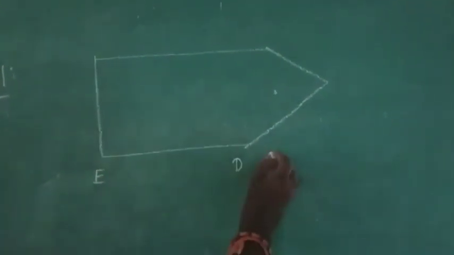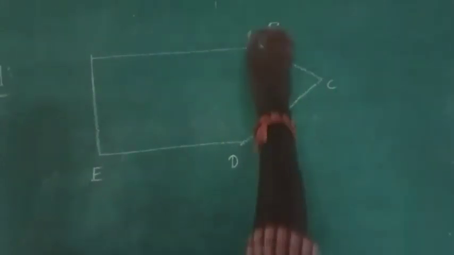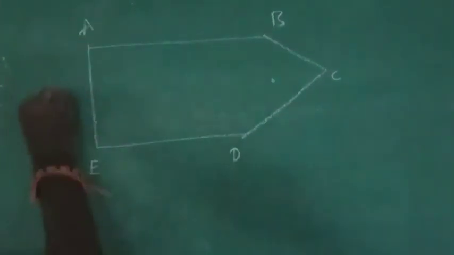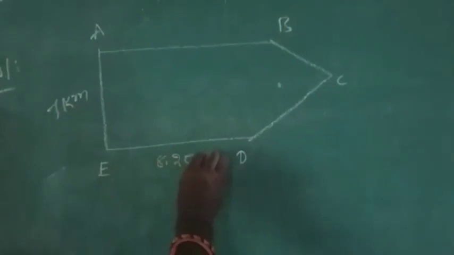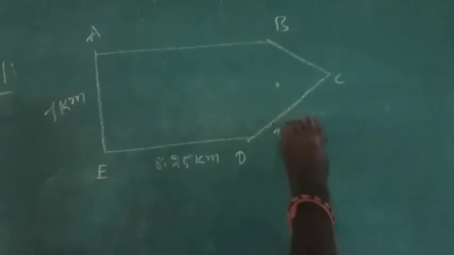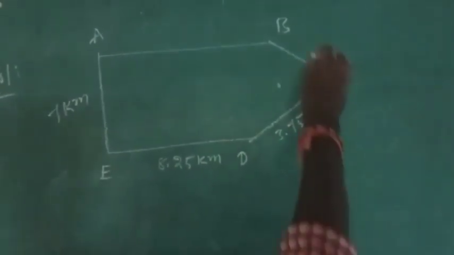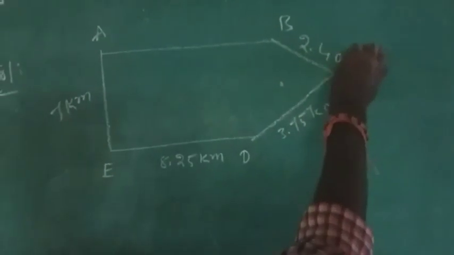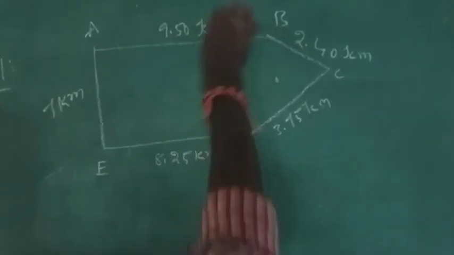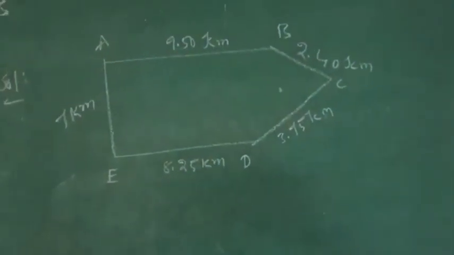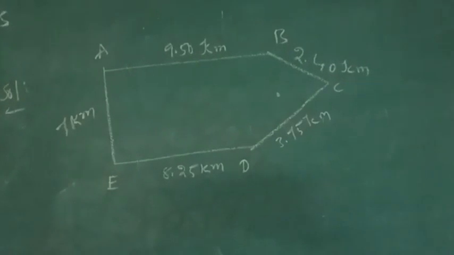Here is the diagram. C, E, D, C, B, A. Here is 7 kilometers, 8.25 kilometers, 3.75 kilometers, 2.40 kilometers, 9.50 kilometers.